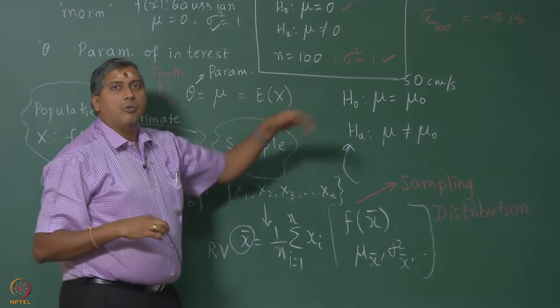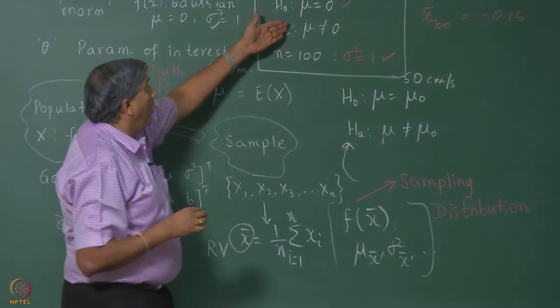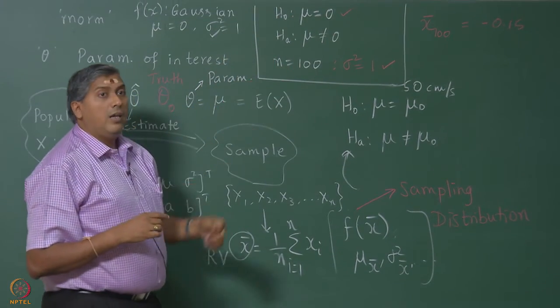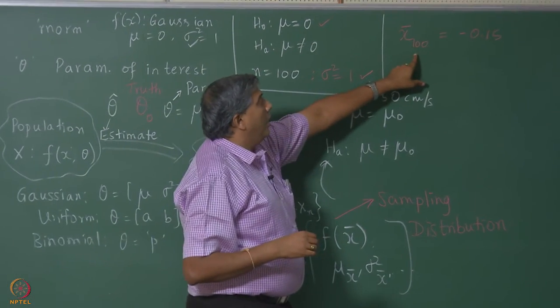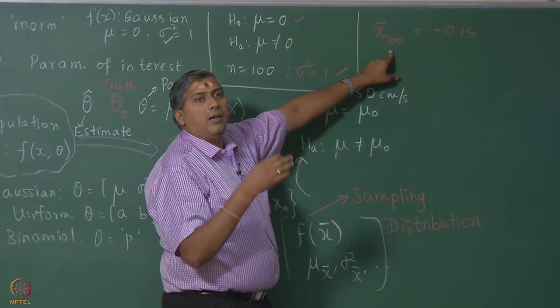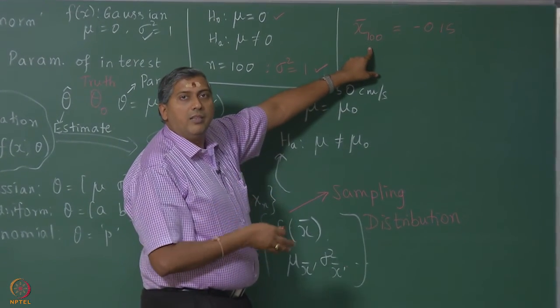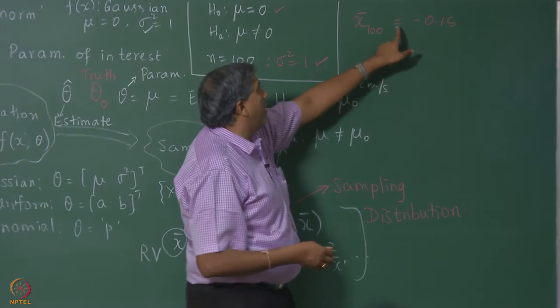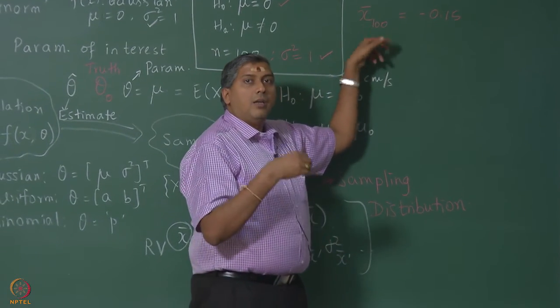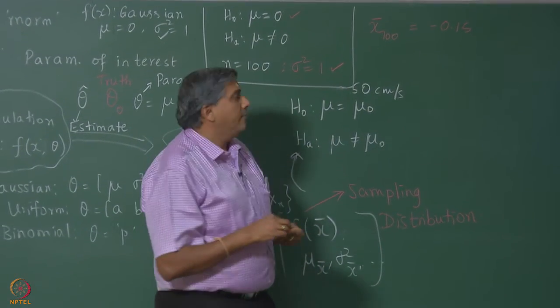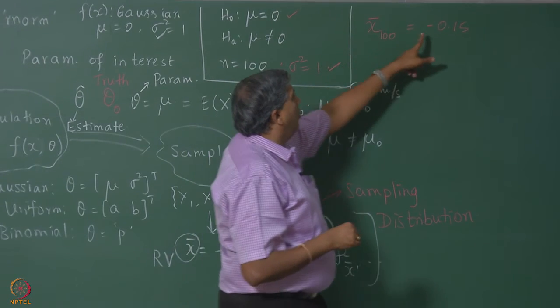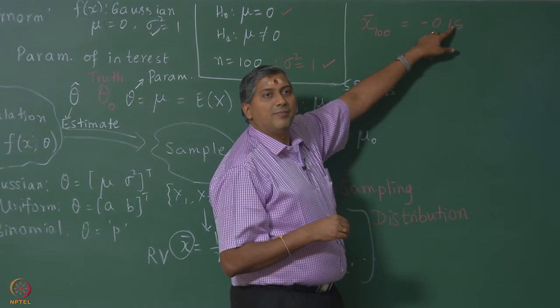Now, I shall ask the question, holding all of these things, how highly or lowly probable is this value? Of course, we can't ask exactly this, but what is the probability, for example, of the sample mean taking on values within the vicinity of this?